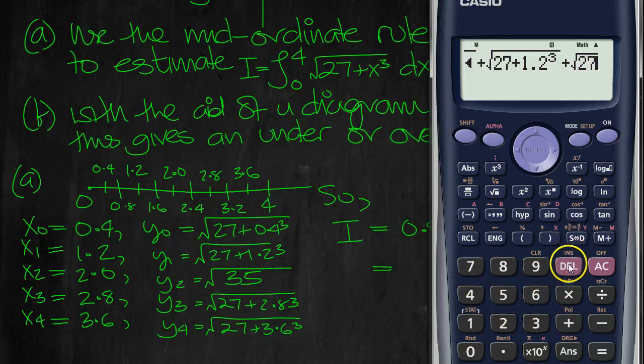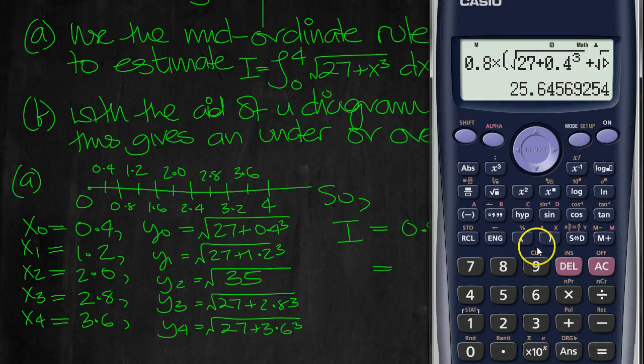Oh, no, sorry, root 35 outside the square root, plus root 27 plus 2.8 cubed, plus root 27 plus 3.6 cubed. Close that bracket, then for 0.8 times.